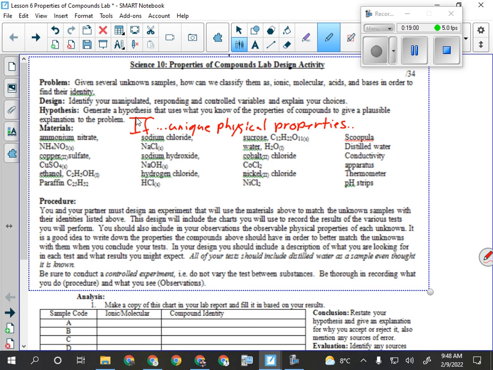You can talk about the tests that we're going to run because we talked about those yesterday: observable properties, solubility, aqueous conductivity, and pH. You don't need to say how you're going to do them. These are just some tests that are being run to get a good list of physical properties, or to determine adequate physical properties.